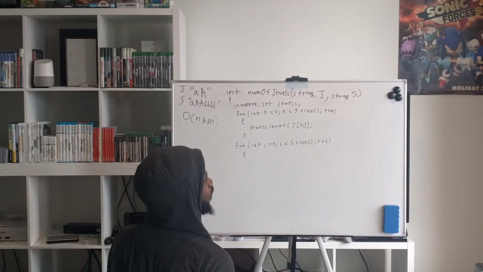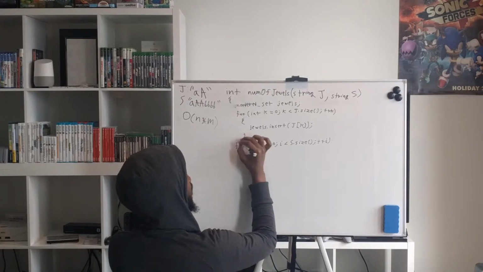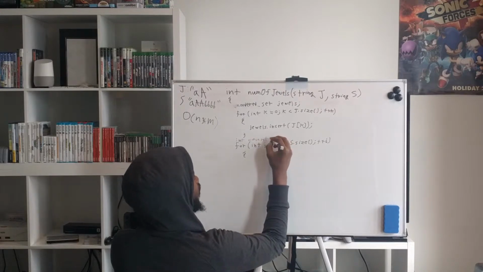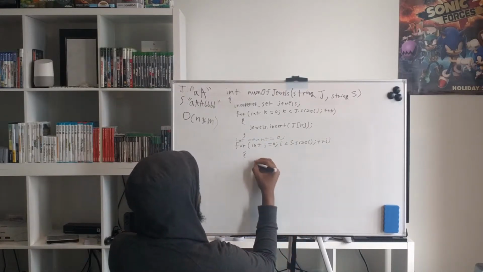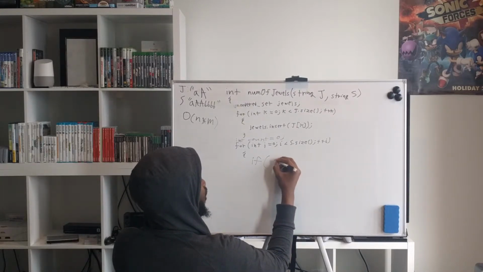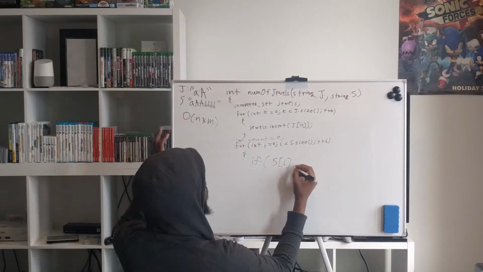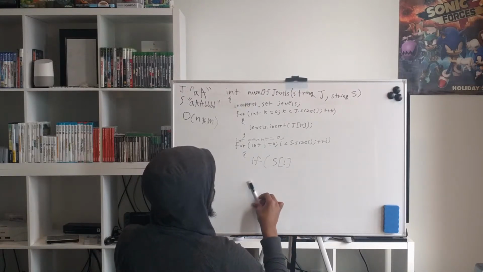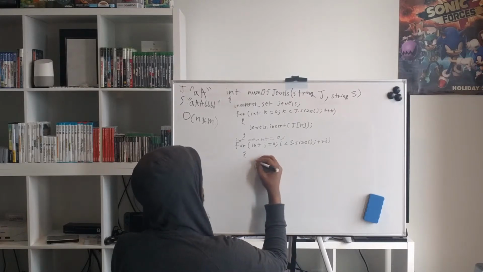Now, all you need to do at this point, I didn't create my local variable to store the count, so we're going to say int count equals 0, right? So now we're going to say if s of i, the current character that we're looking at, oh wait, hold on. What we want to do is check if it's in the set. So we're actually going to do this.